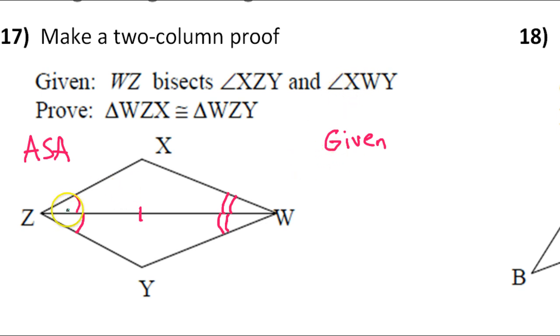Then I'm going to be able to break down and do a pair of angles, a pair of sides, and a pair of angles, because I'm doing angle, side, angle. Once that's done, I can say that the one triangle is congruent to the other triangle by angle-side-angle. So this is going to take me 1, 2, 3, 4, 5 steps.